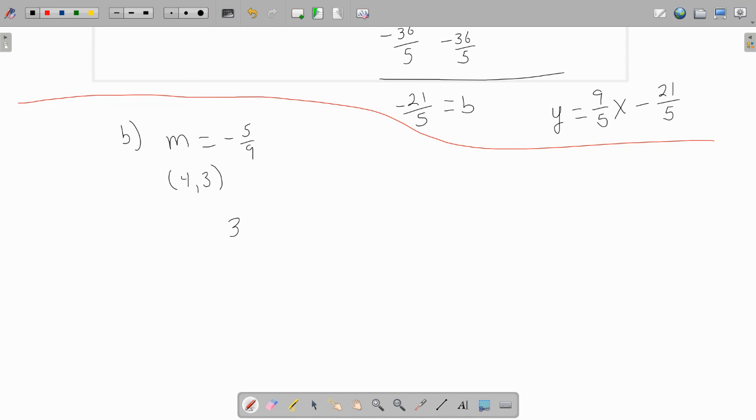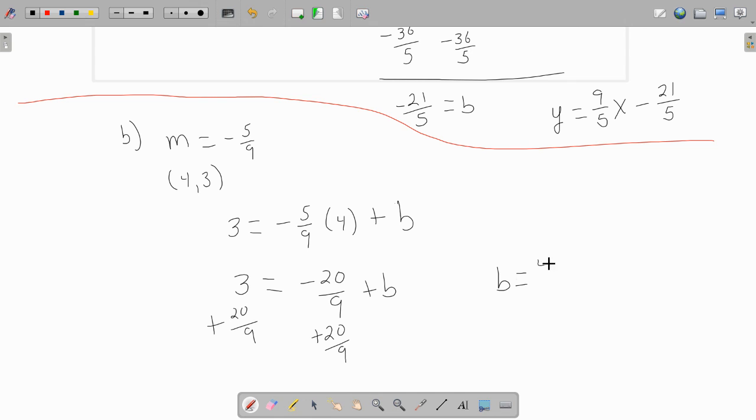So we have y equals mx plus b. Oh, it's not any nicer. 3 equals -20/9 plus b. We're going to add 20/9 to both sides. And this is over 9. This is 27/9, so it's going to be 47/9.